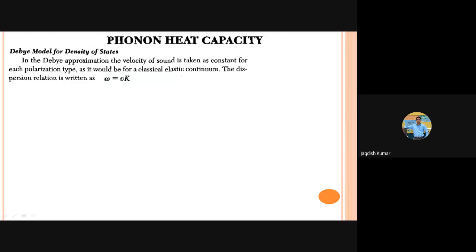He said, let us assume that omega is simply v into k, because if v is assumed constant, then velocity is omega upon k, right? That's a classical idea. So Debye assumed the classical relation between omega and k, with velocity constant for each polarization mode.